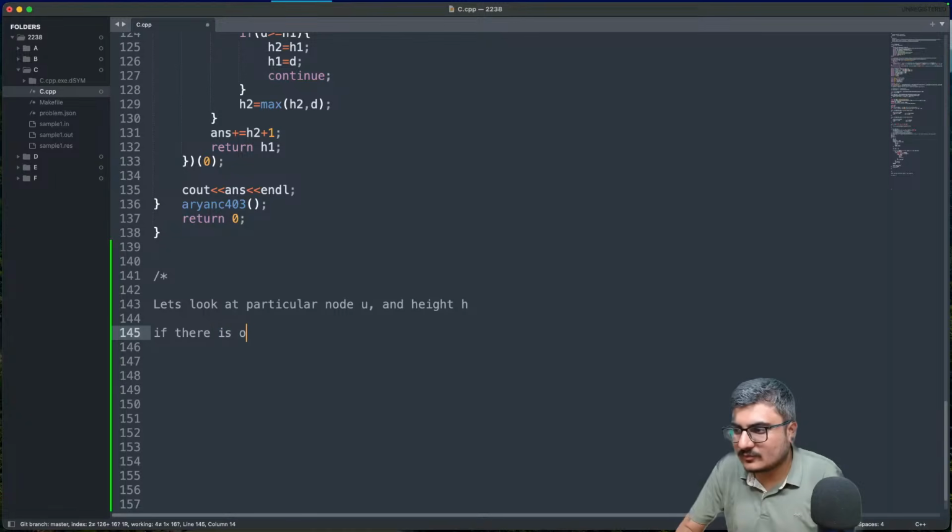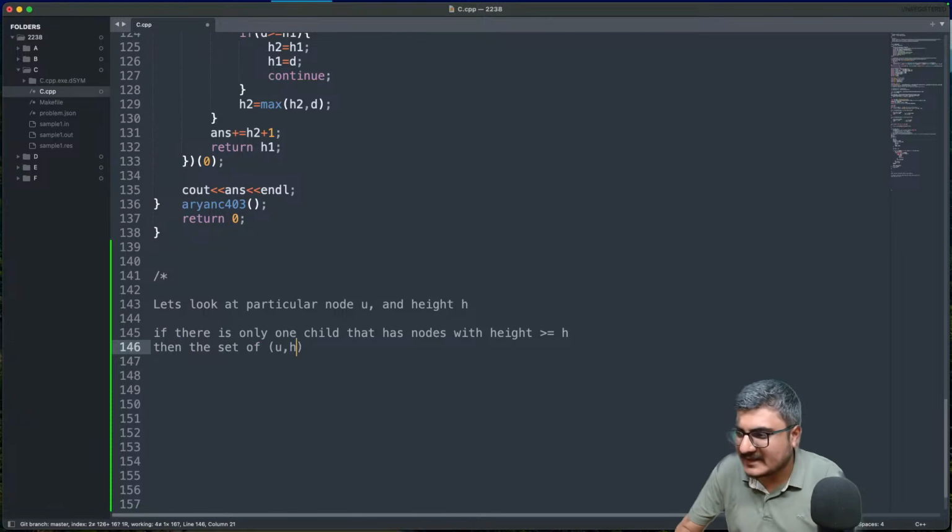If there is only one child that has nodes with height greater than or equal to h, then the set of u comma h will be the same as the set of child of u comma h minus 1. Do you agree on this one or not?